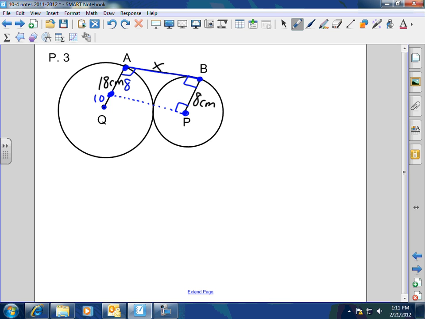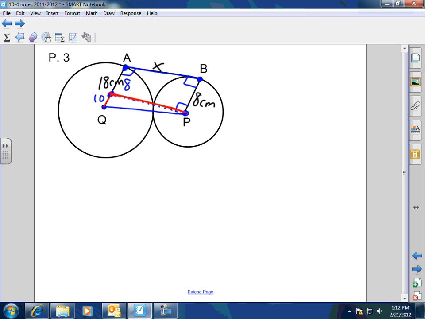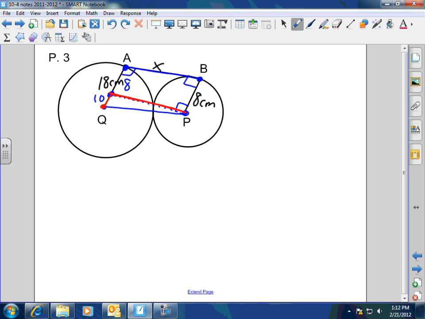Well, draw a straight center line here. Think about this. This is really simple. If this is 8 and this is 8, what is AB going to be? What is this guy going to be right here? Well, no, think about it. From Q to here, what is the radius? 18.